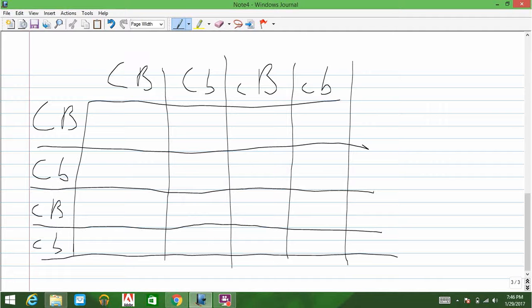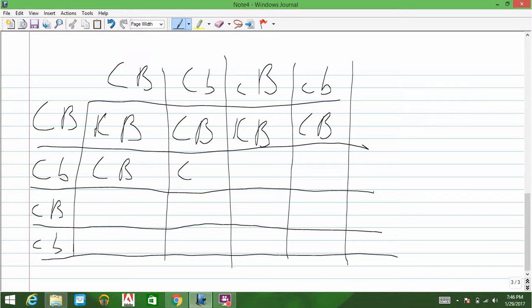So in this first square, you're going to have dominant, dominant. And then the next square, you're going to have dominant, dominant. Next square is going to be dominant, dominant. And the next square is going to be dominant, dominant. Okay, down here, you're still going to have dominant, dominant. Okay, and then this one, you're going to have dominant, recessive. Okay, and this one, you're still going to have dominant, dominant.